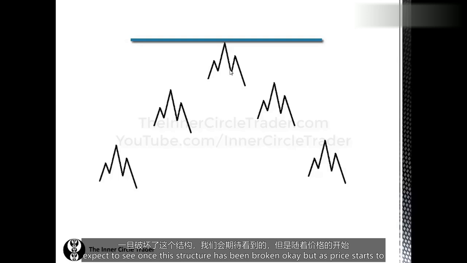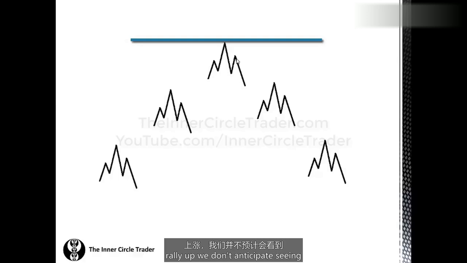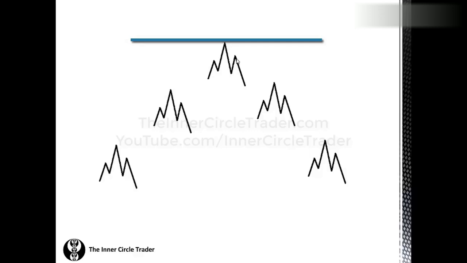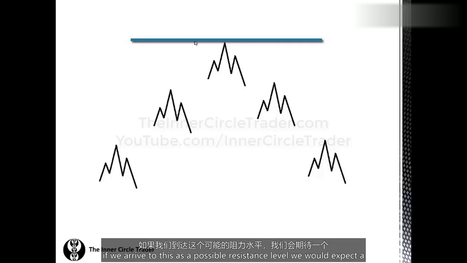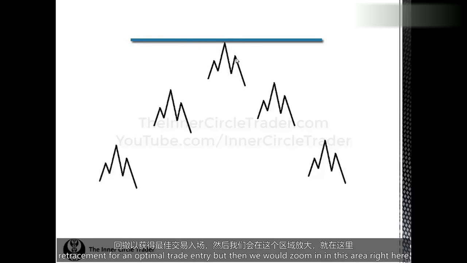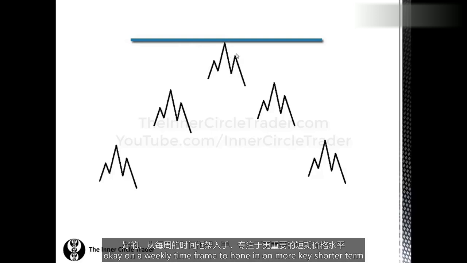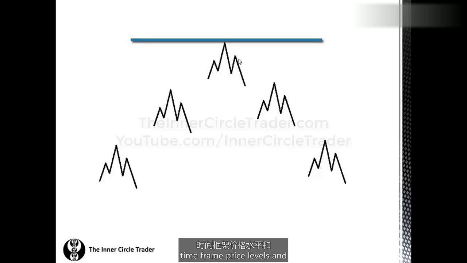Okay, but as price starts to rally up, we don't anticipate seeing a break through this resistance level. Okay, if we arrive at this as a possible resistance level, we would expect a retracement for an optimal trade entry, but then we would zoom in this area right here, on a weekly time frame to hone in on more key shorter term time frame price levels.